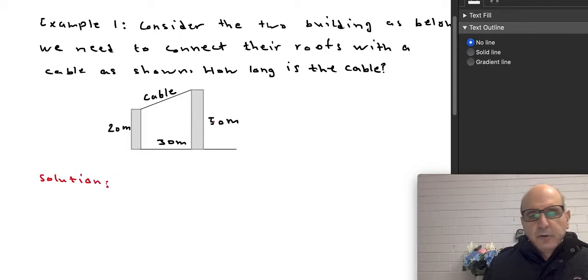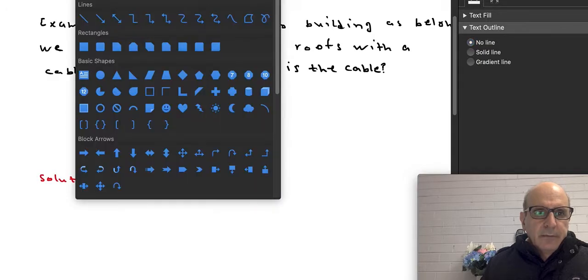As you can see, there is no right angle triangle here, but we got to make our own right angle triangle.